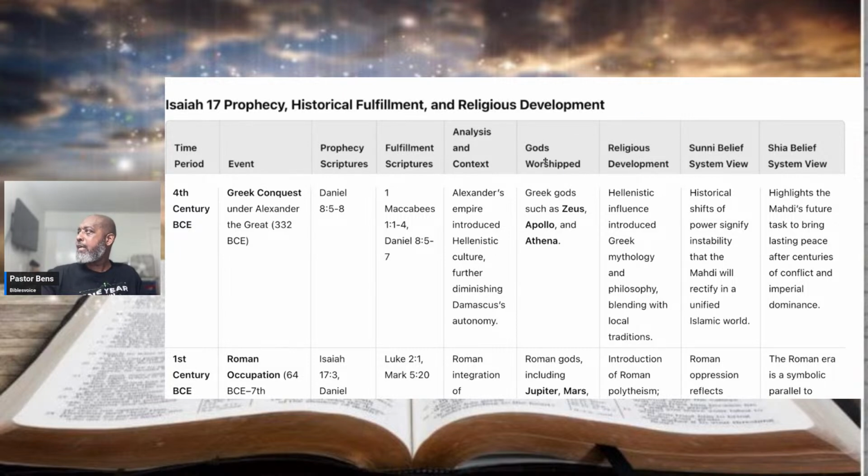So remember the gods that they worshiped. Greek gods, where we said it was Zeus, right? But guess who the Damascus god was? Remember we talked about the deification? And if we go back and look at all of the different nations that has conquered this Western Asian area, let me show you this.